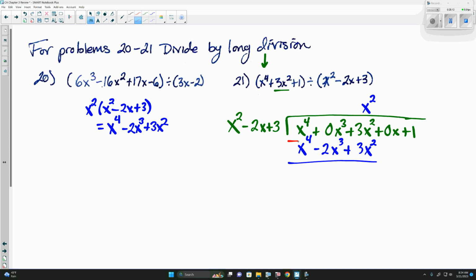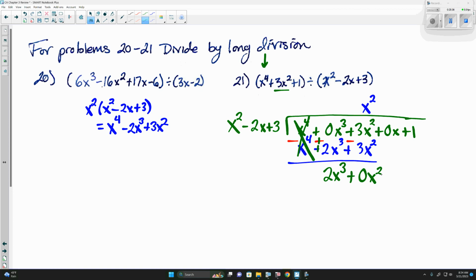And then we will subtract. x to the fourth minus x to the fourth is indeed 0, what we wanted. 0x cubed minus negative 2x cubed. The negative and negative will make a plus, giving us 2x cubed. 3x squared minus 3x squared is 0.